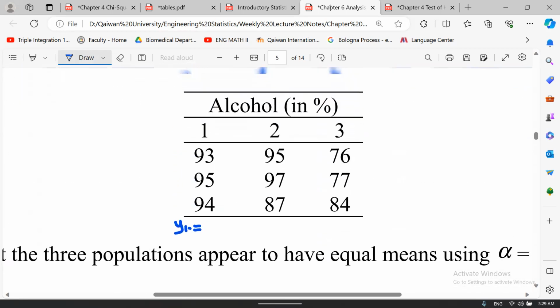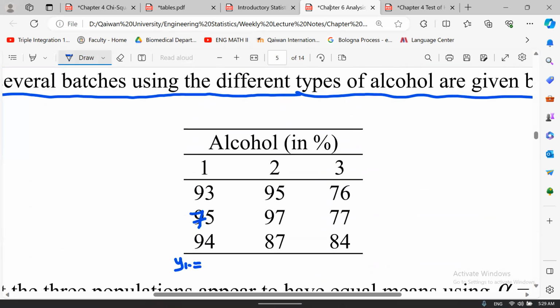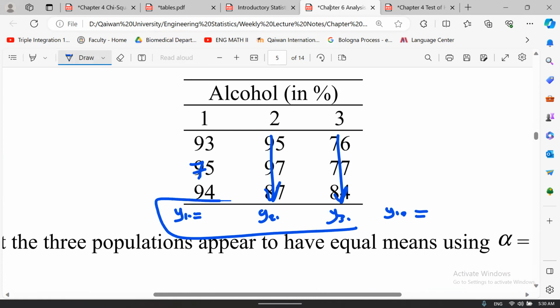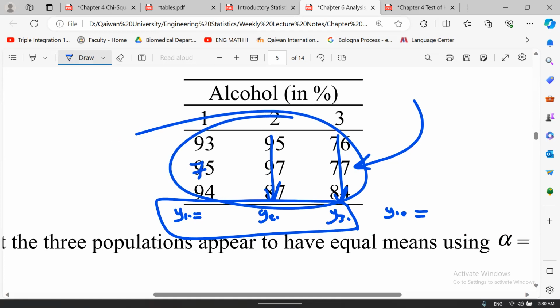It's 75. Y1 dot is 93 plus 75 plus 94. Write it down. Then y2 dot is the sum of these 3 elements. And y3 dot is the sum of these 3 elements. How about y double dot? It is the sum of these 3, or it's the sum of all elements here. Total elements. Okay? The sum of all.